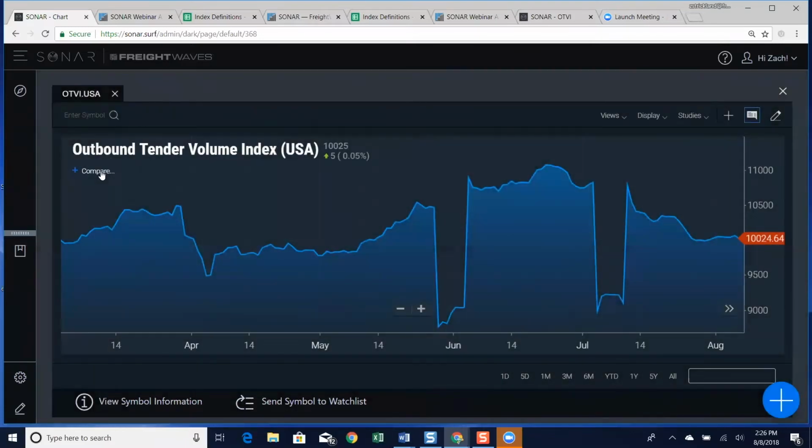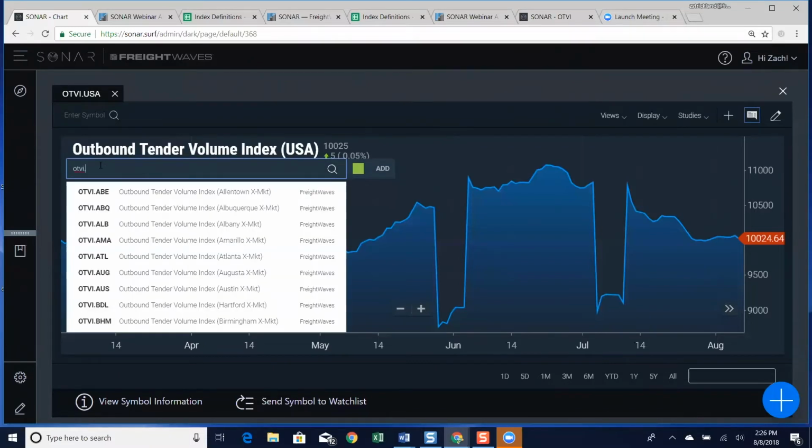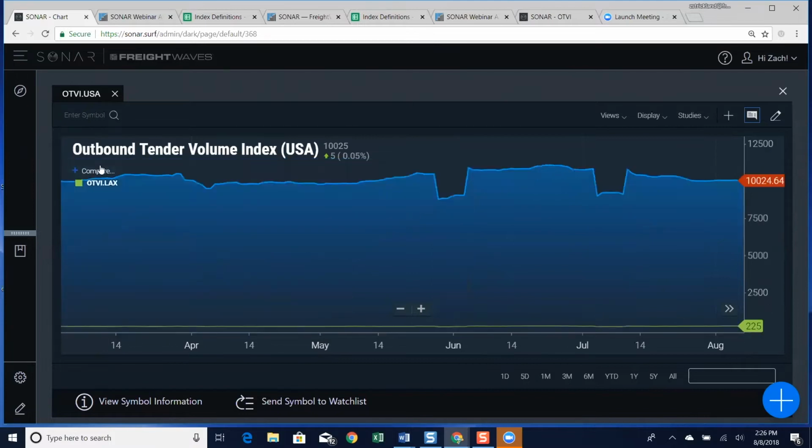So for those of you that aren't familiar, we have this compare tool that you can click on right underneath the index. And you basically type in any of the values you want to change or you want to compare. So we're going to compare the LA volume.